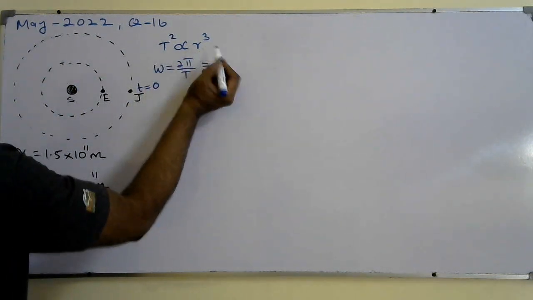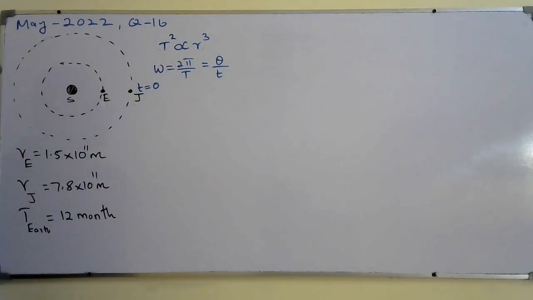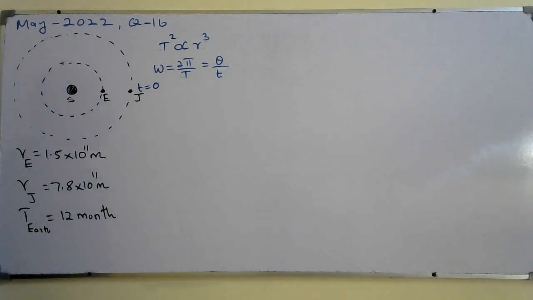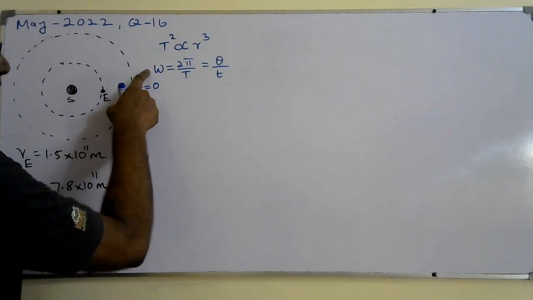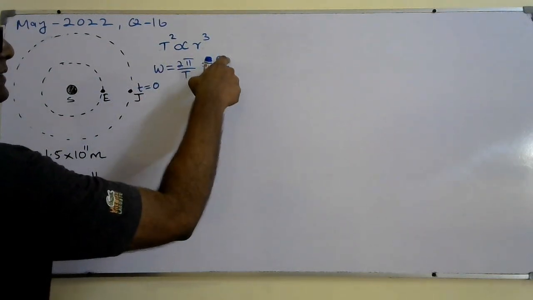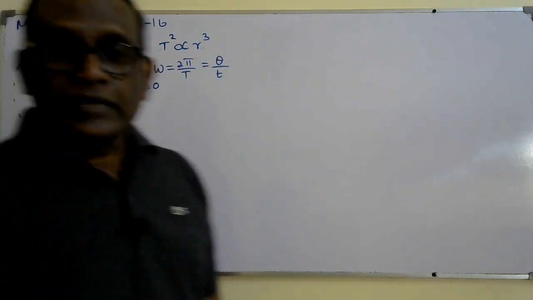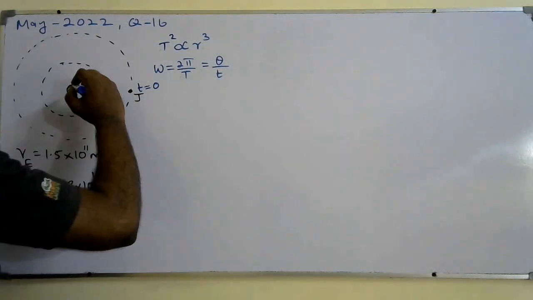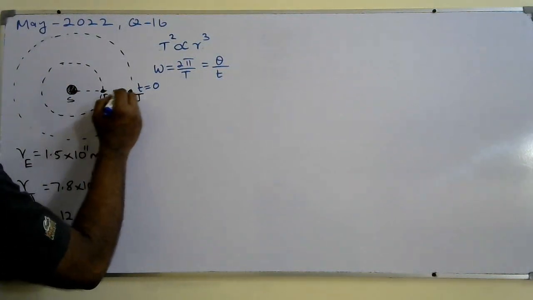Smaller time period means angular speed is larger. Angular speed is larger means change in central angle will be larger for Earth at a time t later.